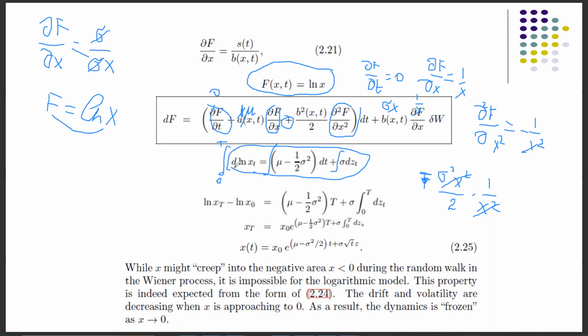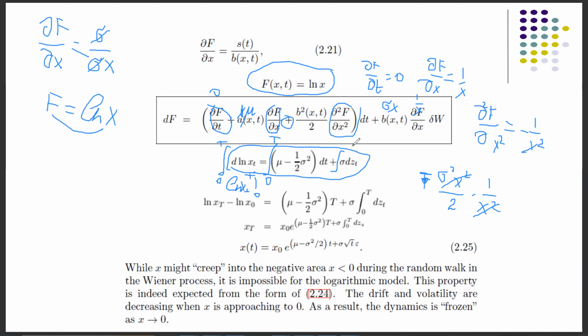The integral of d of a function is this function ln x_t, with lower limit 0 and upper limit T. So we substitute ln x_T minus ln x_0. The right side has constant coefficients because it is an integral with respect to dt, and the integral of dt from 0 to T is just T.